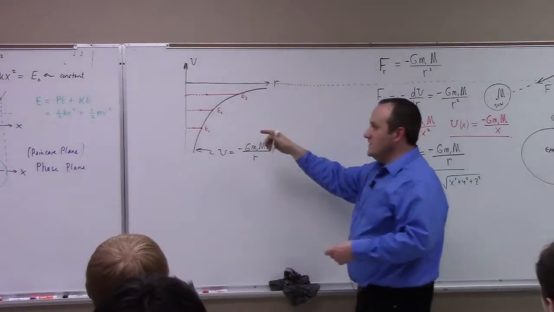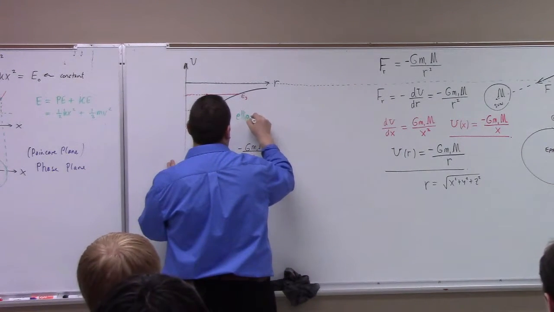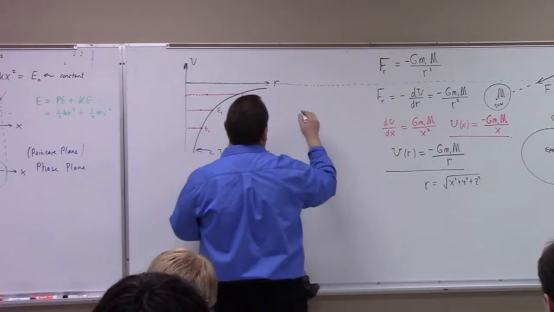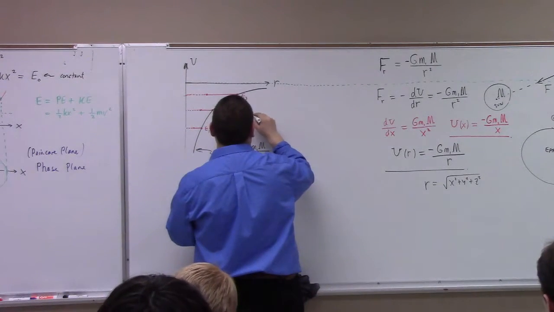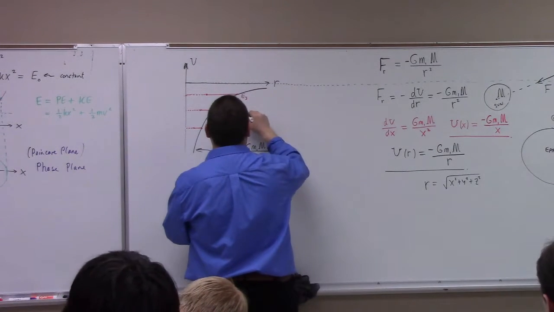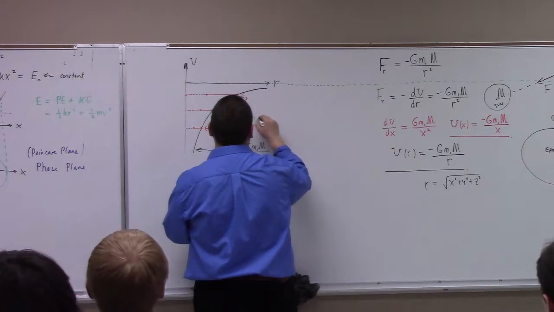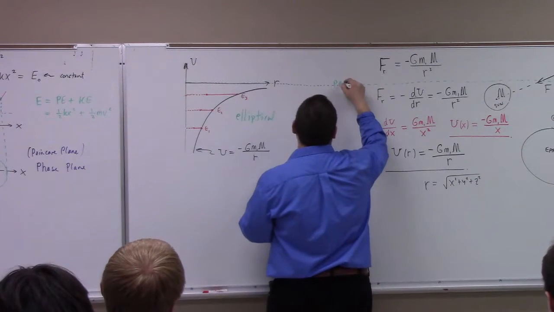These cases give you what are called elliptical orbits. I can't spell elliptical apparently. E-L-L-I-P, elliptical. Yeah. This is parabolic.